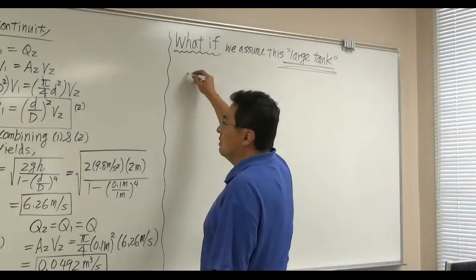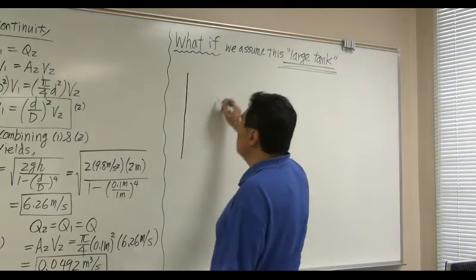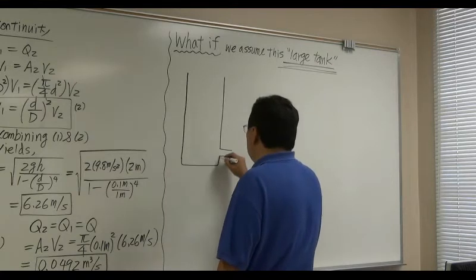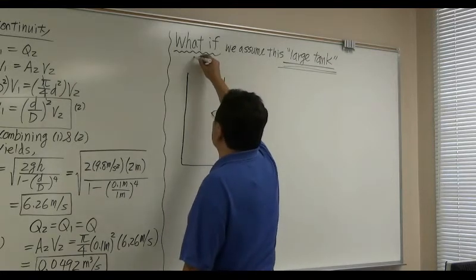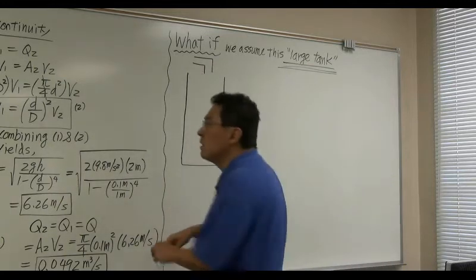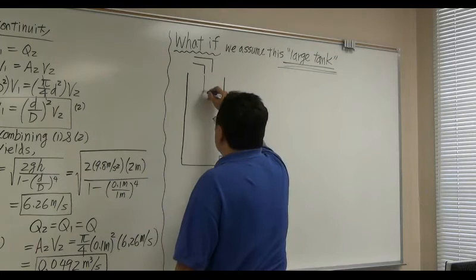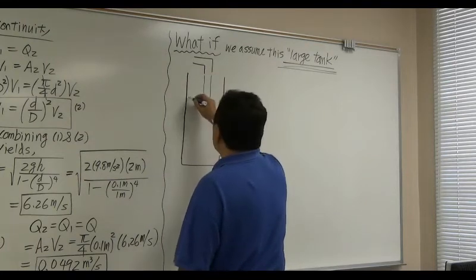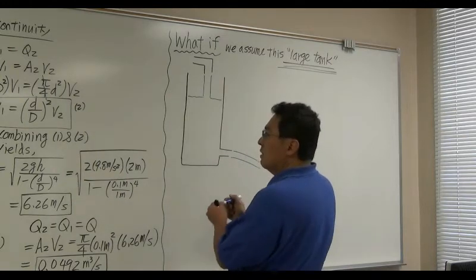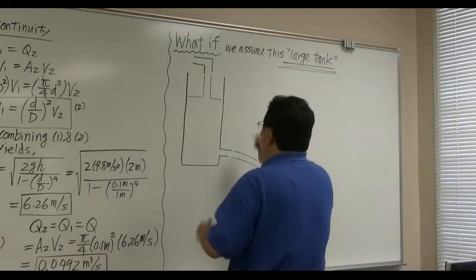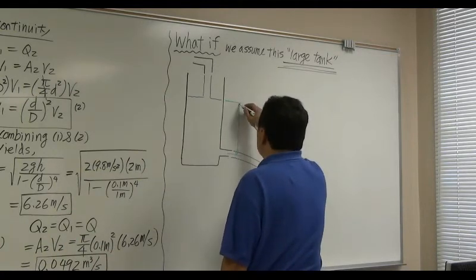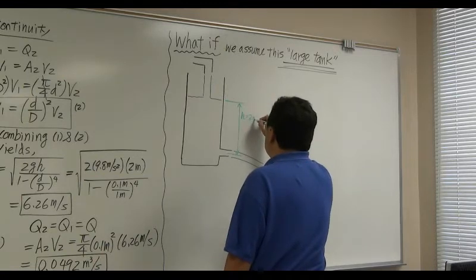See what happens. So this is the same situation. Not so large a tank, but I'm going to assume this is a large enough tank. So water is incoming, and water is outgoing. You're going to maintain the constant depth, 2 meters. All right.